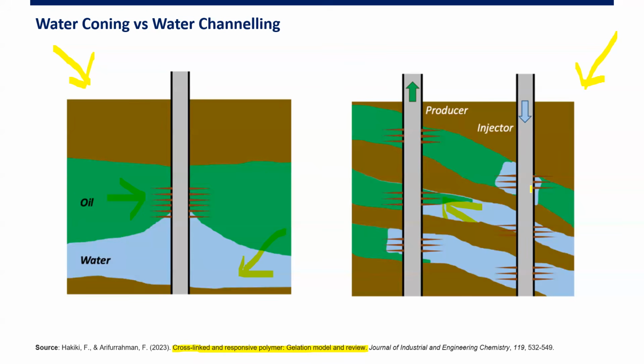Although the original concept of water channeling is not true channeling behind casing, indeed, if you have a channel behind casing, it can also give behavior quite similar to real water channeling caused by reservoir effects.